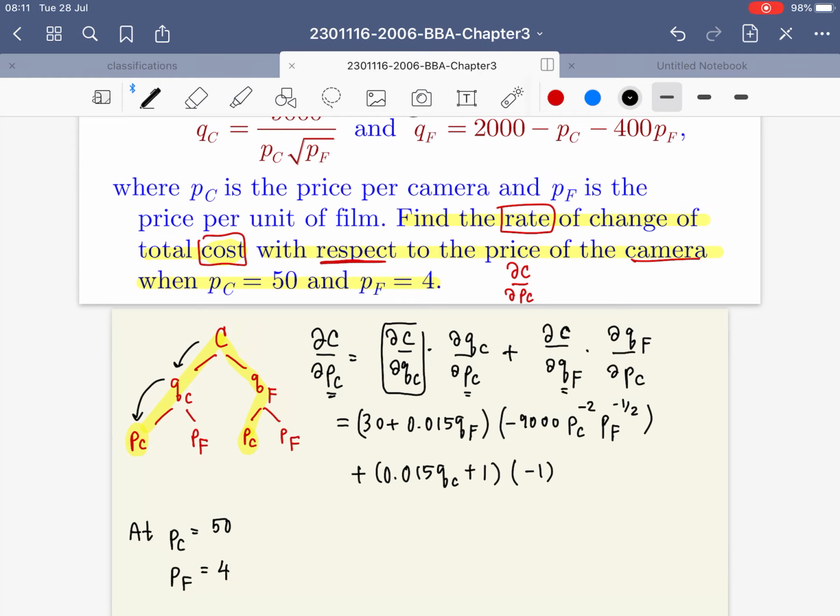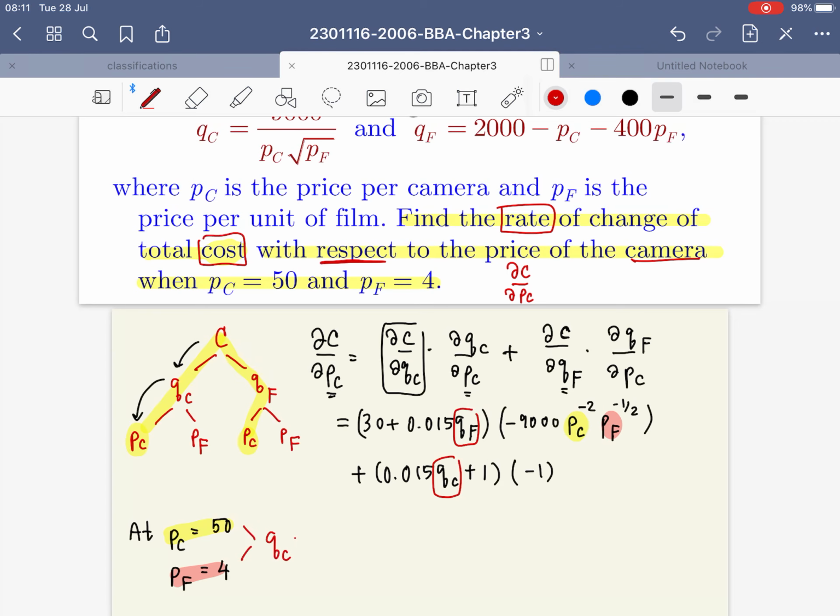Okay, so it seems that, hey, this one is the price of the camera, right? So you can just plug in 50, and this one you can just plug in your P_F to be 4, right? However, what will be your Q_F and the Q_C here that you need to also plug in? Okay, so it's not that difficult because your P_C is 50 and your P_F is 4.